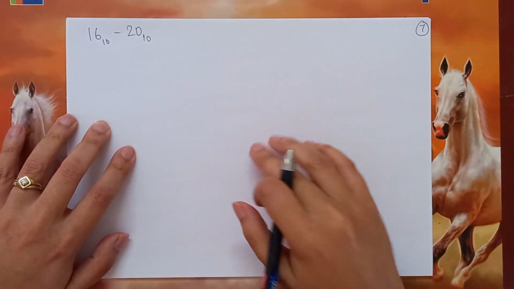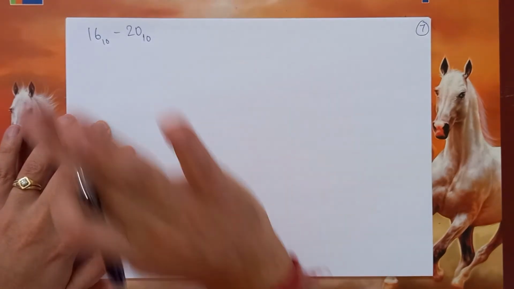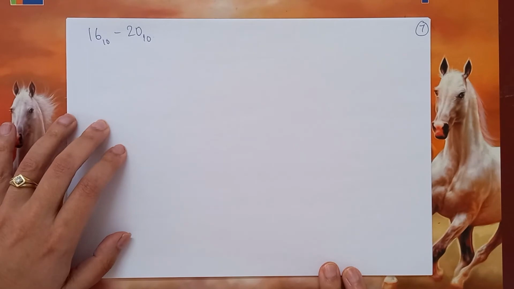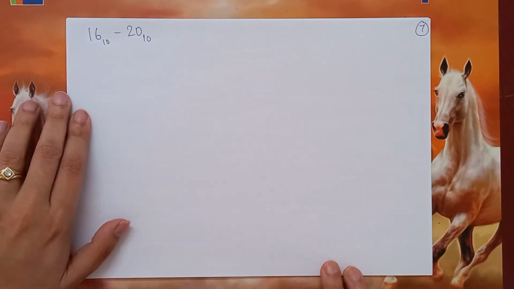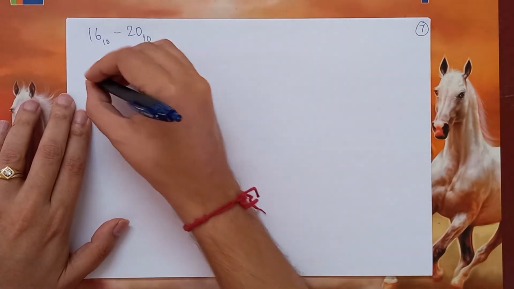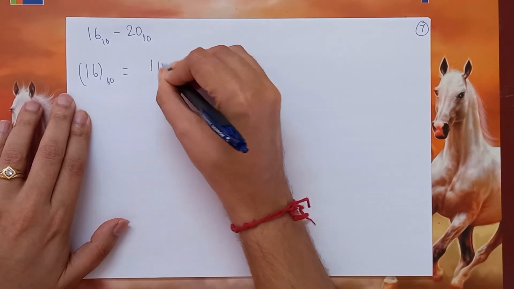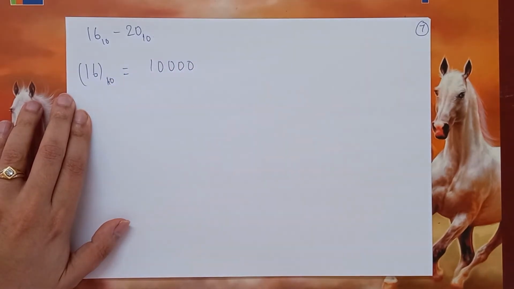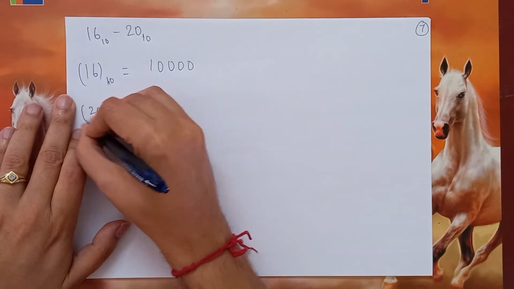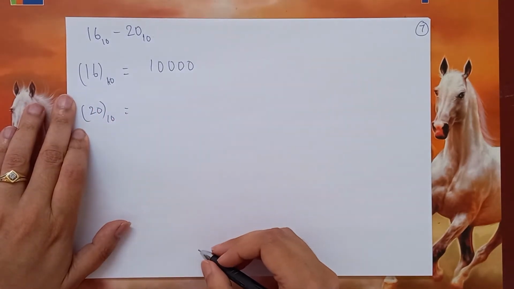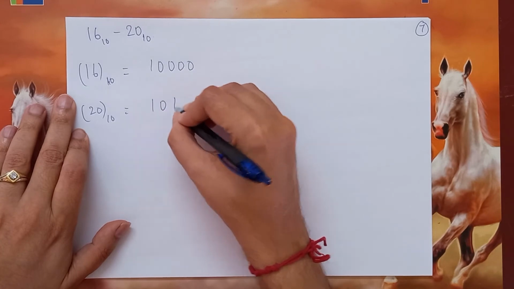We expect then the answer should be -4. Now let us try to do this in binary using 2's complement. So let us first convert. 16 in binary is 1, 0, 0, 0, 0. And 20 in binary would be 1, 0, 1, 0, 0.